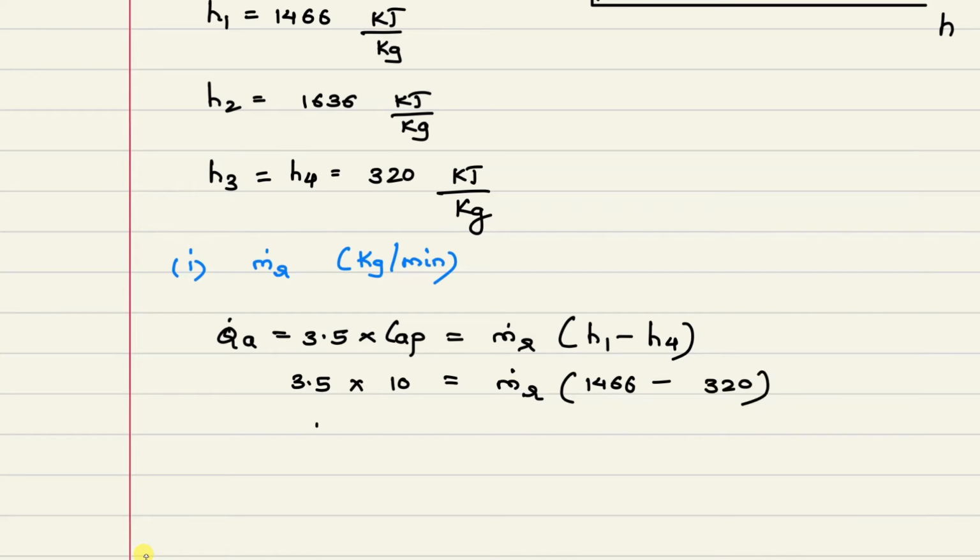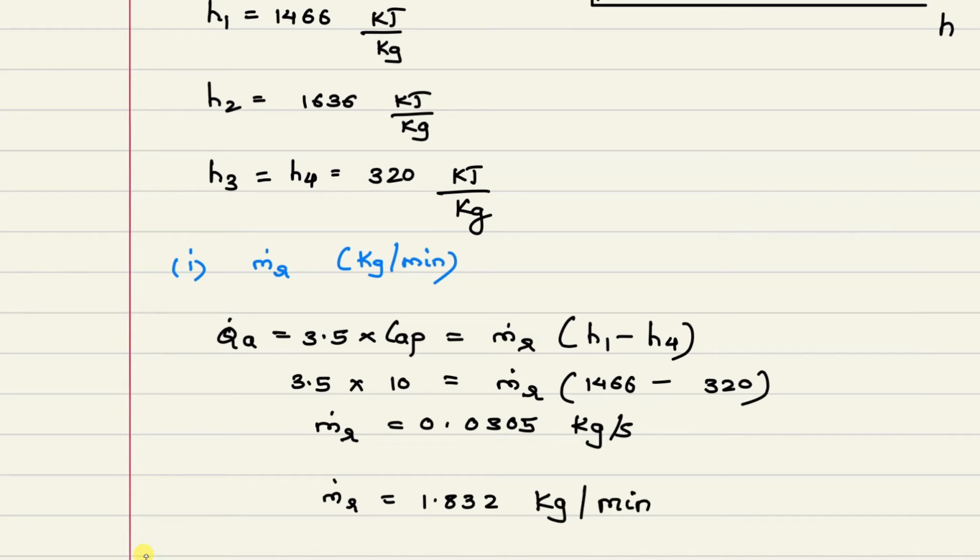So from here we can calculate m dot r, which is equal to 0.0305 kg per second. Now the unit has been asked in kg per minute, so multiply by 60. So m dot r is equal to 1.832 kg per minute. This is answer number 1.